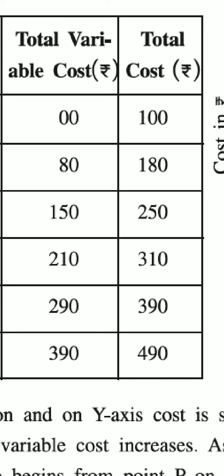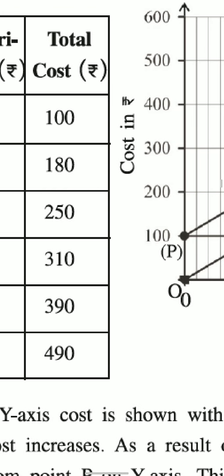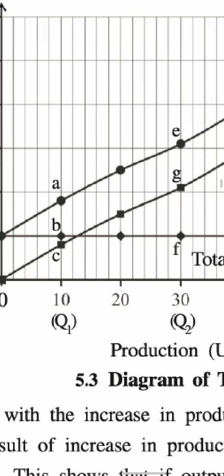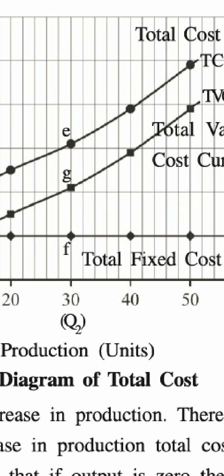Because when you subtract the total variable cost from the total cost, what you will get is the total fixed cost. So the width between these two curves, total cost and total variable cost, should always be the same, as it depicts the difference between both of them.